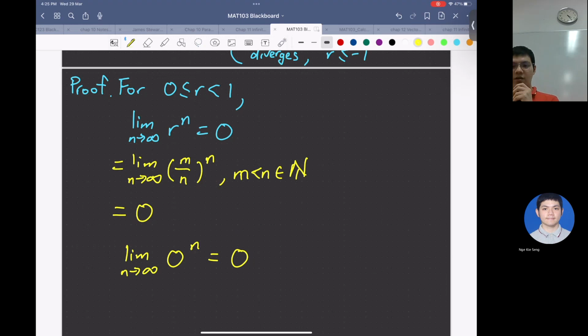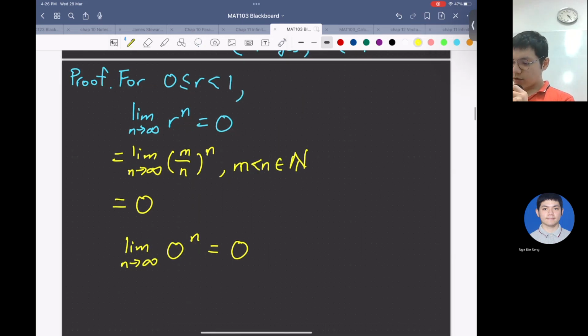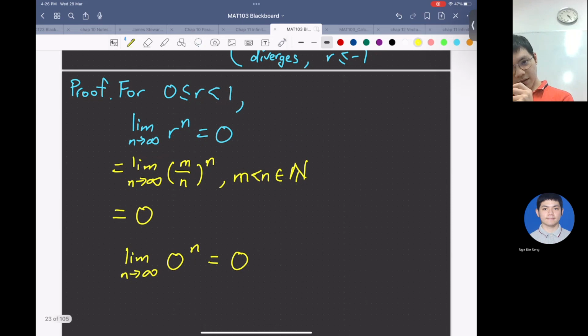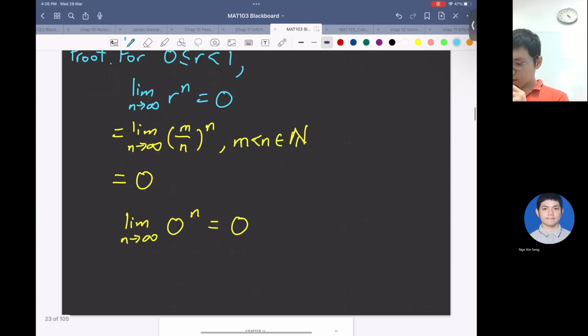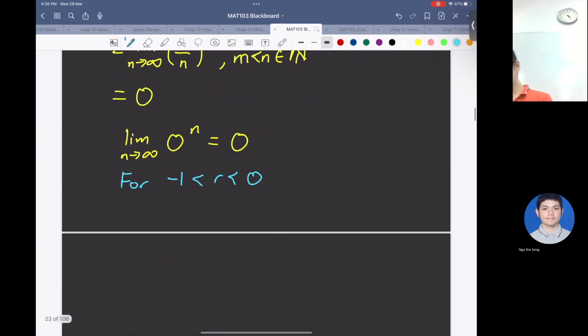So this is a constant sequence. So we settled the points between 0 and 1. Now we need to settle -1 up to 0. For these points, you also get limit equals 0.